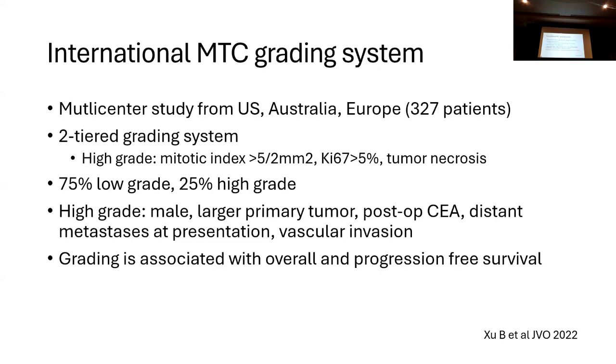Okay. So in terms of biochemistry, the tumor markers that we have available are calcitonin and CEA. And if none of them is detectable, however disease is present, then cross-sectional imaging would be the mainstay of disease monitoring, the best tool that we would have available.